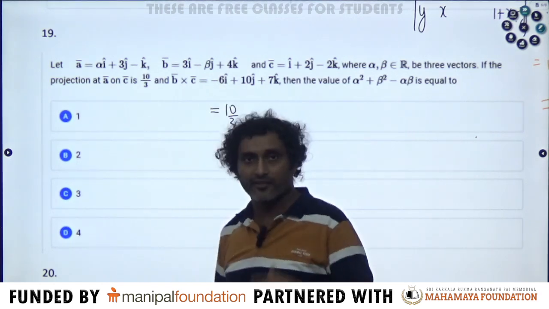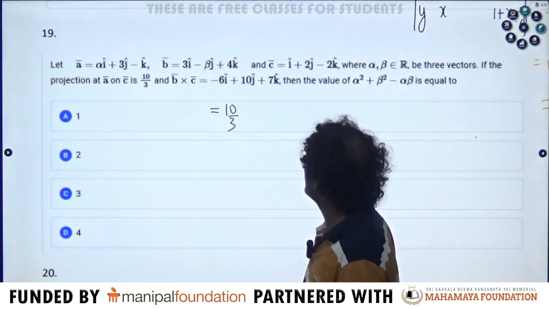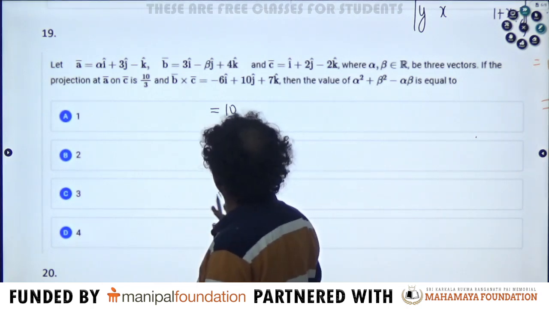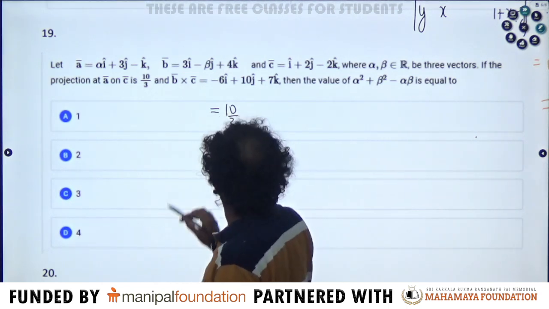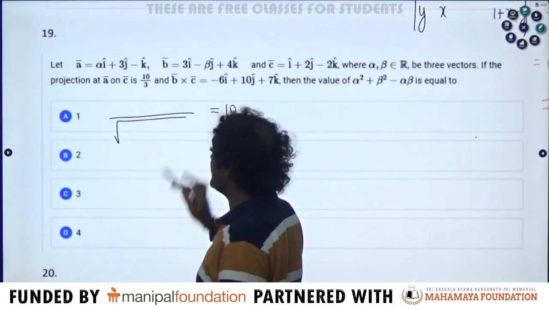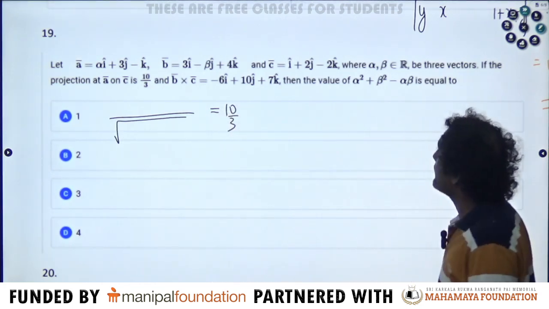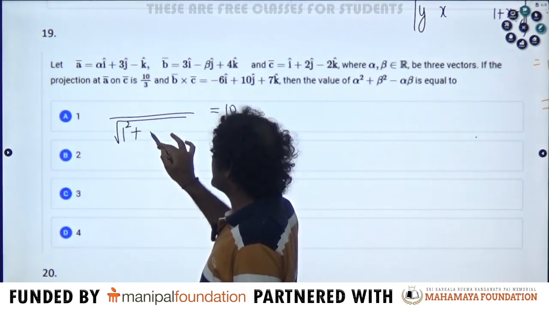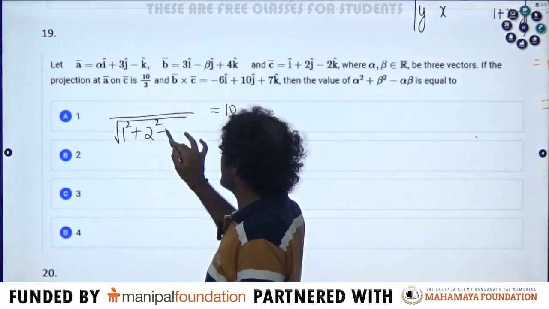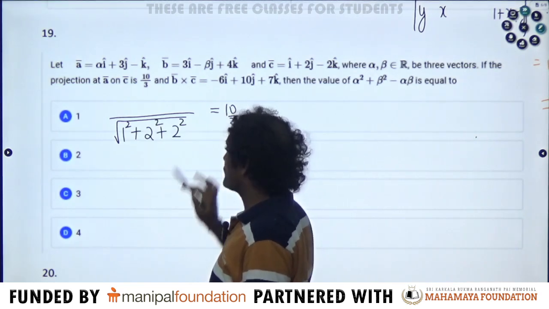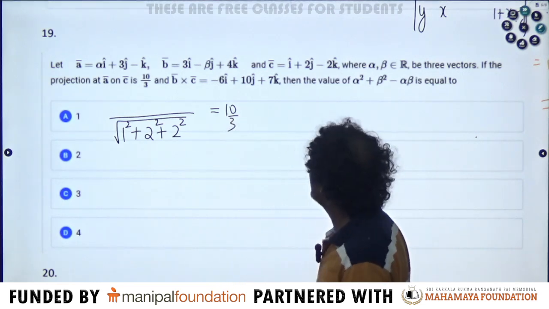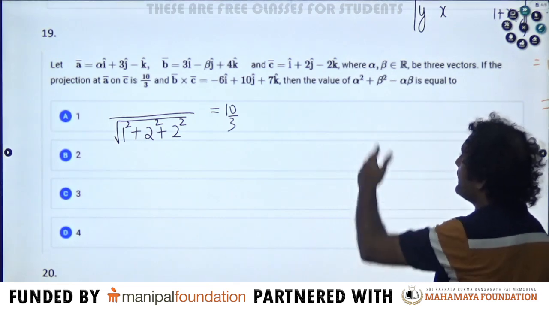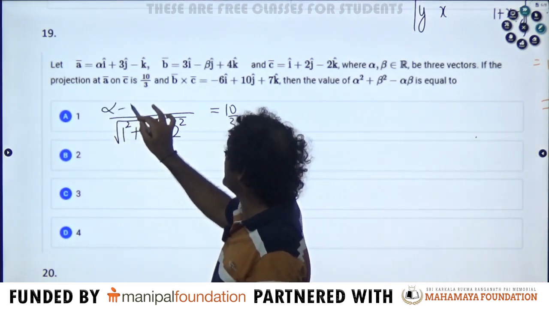I know it looks blur, I don't know how it looks on the camera. So projection of A on C means A dot C divided by magnitude C, right? C is i plus 2j minus 2k, so magnitude is square root of 1 plus 2 square plus 2 square, the minus sign doesn't matter for magnitude. And A dot C: it's alpha i and here it is i, so alpha remains.